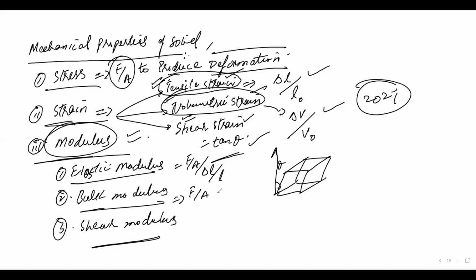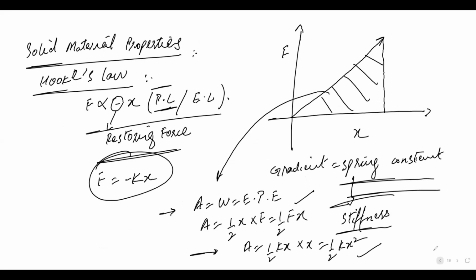So F upon A upon delta V upon V, right? This could be the formula for the bulk modulus. For the shear modulus, it is just F upon A upon tangent theta. Got that? So these are the different formulas, but now the important thing is another point of view from Hooke's law.